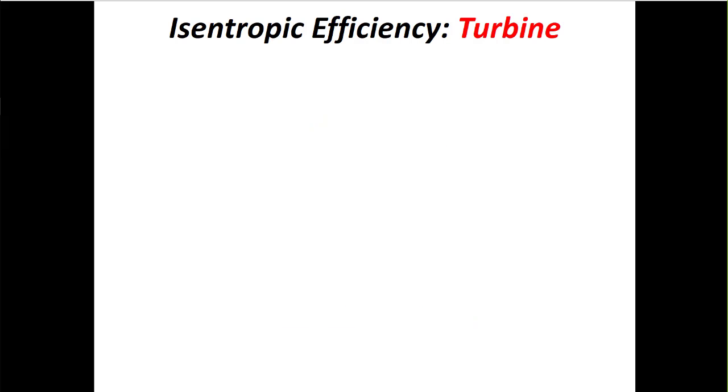So a turbine efficiency is going to be power divided by power, right? One of these powers is going to be the real turbine, and one of them is going to be the ideal turbine. Now we know that the efficiency of the turbine has to be less than 100%. It just has to be, right? Because otherwise it's not an efficiency. So we need to put the bigger number on the bottom, right?